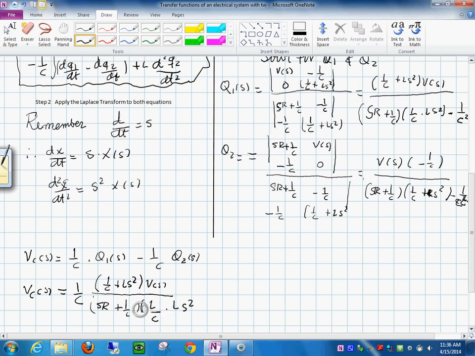No, 1 over C, not L over C, times L S squared minus 1 over C squared. So that's this one. Minus 1 over C times Q2, which is B2 V of S, times minus 1 over C.